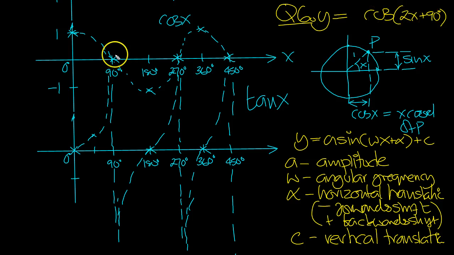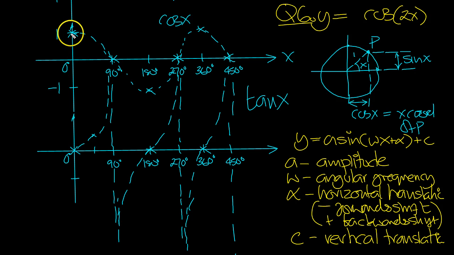Cos 2x is up and down twice as fast, but then there's the shift. So the first thing to do, I think, is to draw cos 2x personally. I think that's the easiest thing to do. And basically that'll go up and down twice as fast. So I'm going to draw that first.